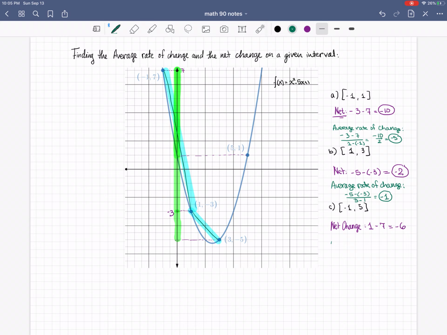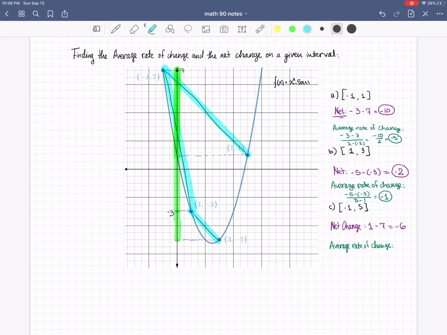And now average rate of change. Okay, so same thing. We take these 2 points at -1, 7 and at 5, 1, and we connect them. And we look at the slope of this line. So sure enough, you can see that it's a line with a negative slope.